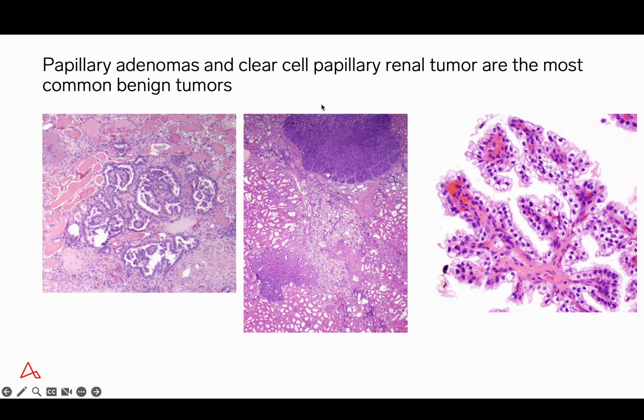These are some microscopic images of a millimeter-sized papillary adenoma and somewhat larger papillary adenomas occurring in end-stage kidneys. And this is a nice example of the clear cell papillary renal cell tumor. So these are the benign neoplasms that are common in end-stage kidneys and acquired cystic kidney disease.